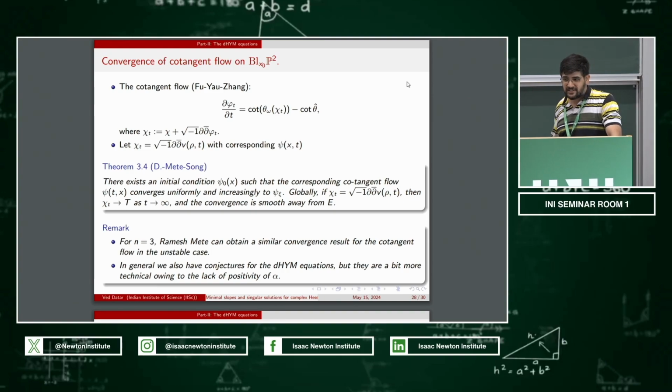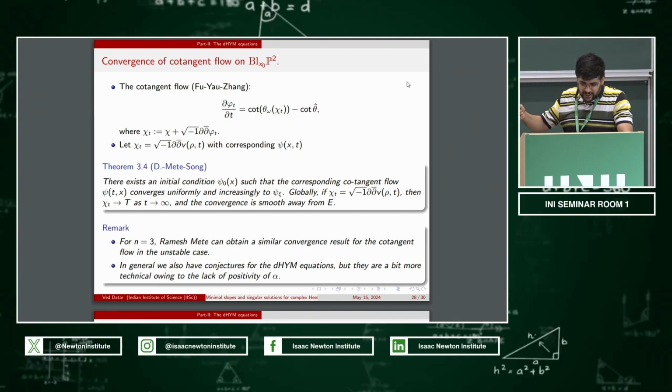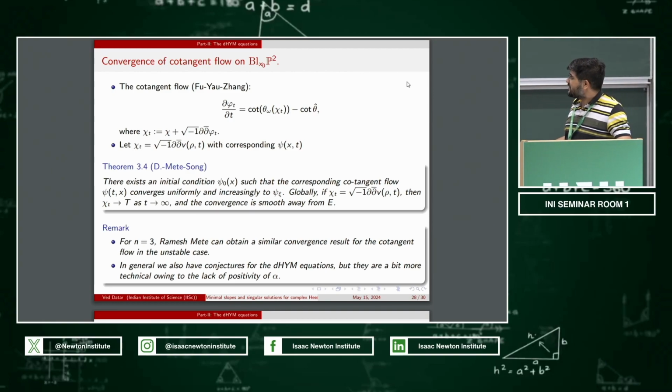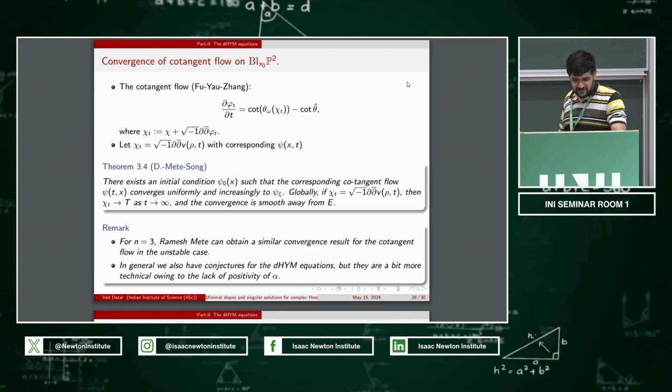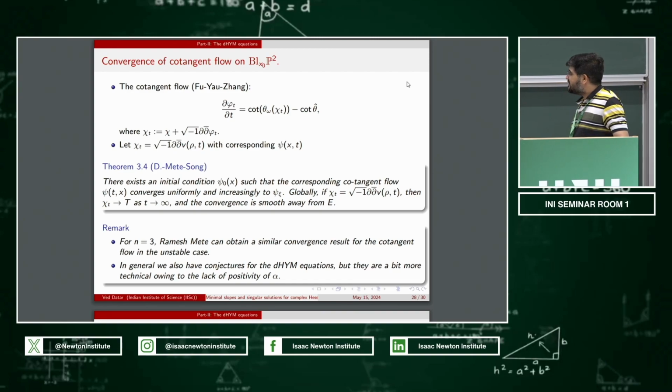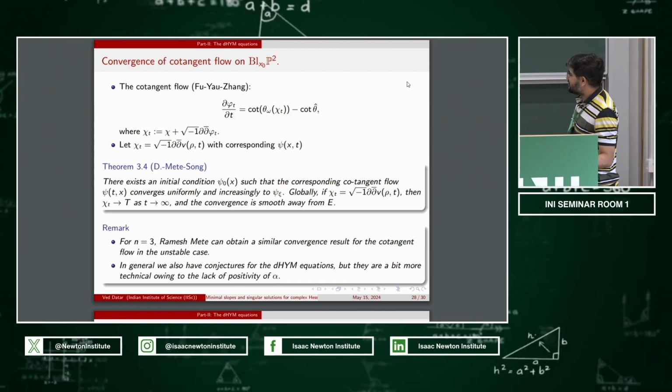Adam Jacob with one of his collaborators posted a convergence result for the line bundle mean curvature flow in the semi-stable case, but in the unstable case, as far as I know, in higher dimensions, this would be the first result. He still has a couple of technicalities to work out, but hopefully he'll post something on arXiv by the end of this summer.